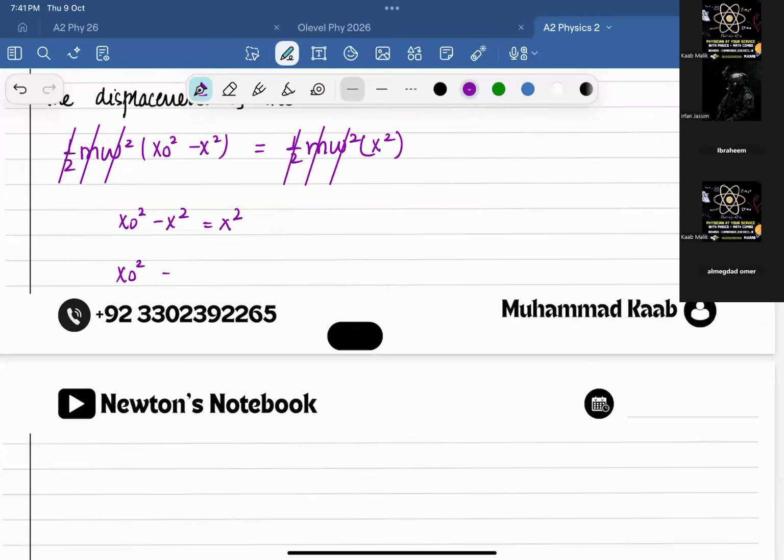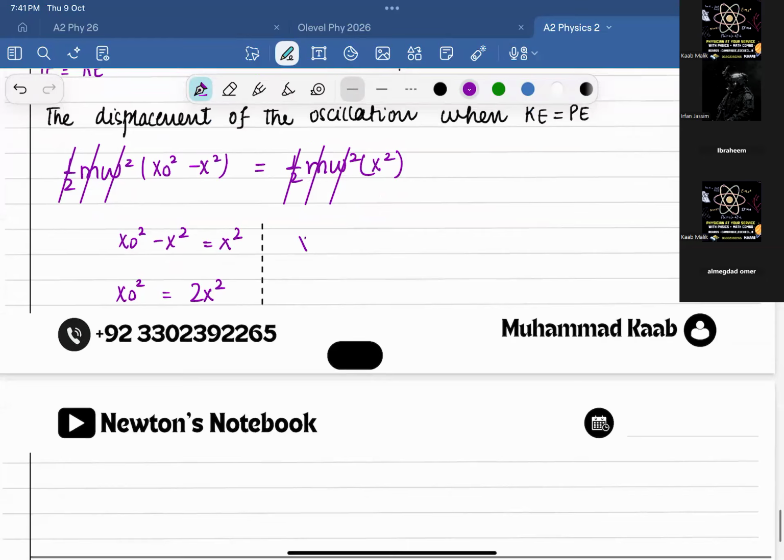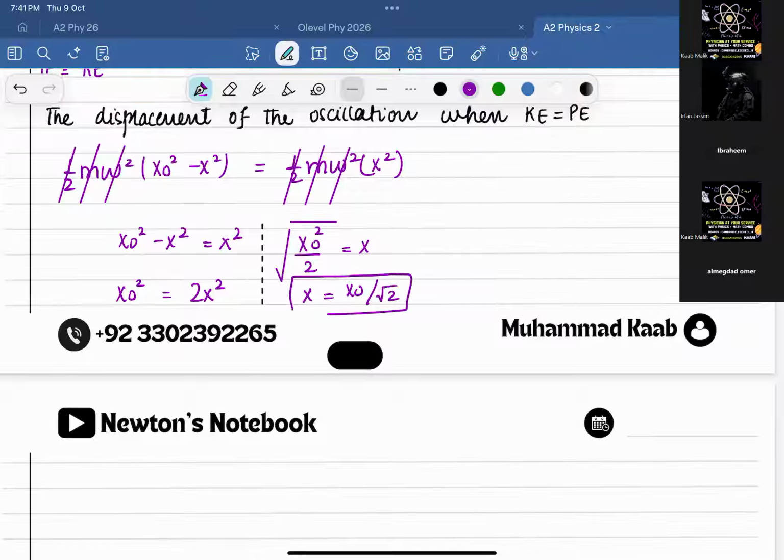If you solve it, you get x naught squared equals 2x squared, so x is the square root of x naught squared over 2. So x is going to be x naught divided by root 2, and 1 over root 2 is basically 0.707.